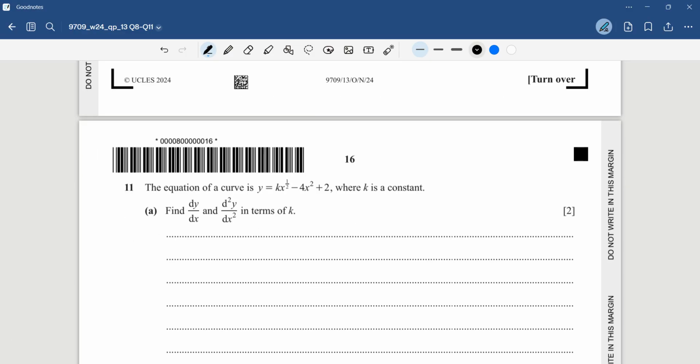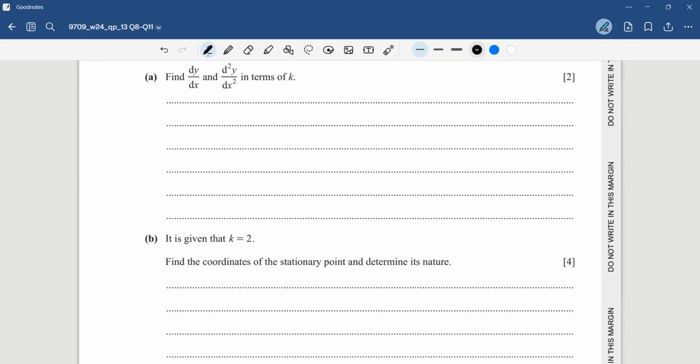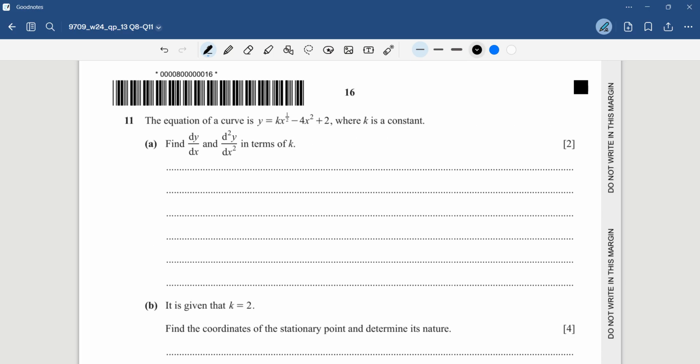Now let's move on to the last question, question number 11. The first question is quite straightforward and easy. Find dy/dx and d square y over dx square in terms of k. So we just directly differentiate.